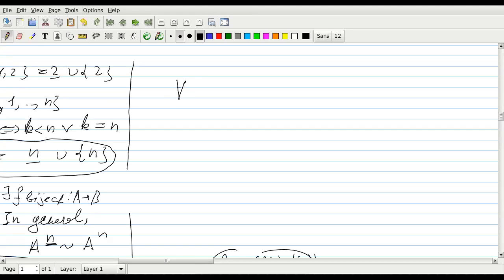Что значит, что функция непрерывна в точке? Давайте вспомним. Для любого эпсилон больше нуля существует такое дельта, зависящее от эпсилон, что для любого x, если наш x отличается от x0 меньше, чем на дельту.